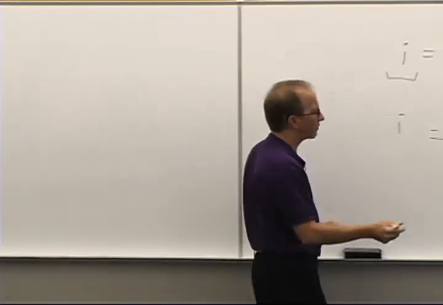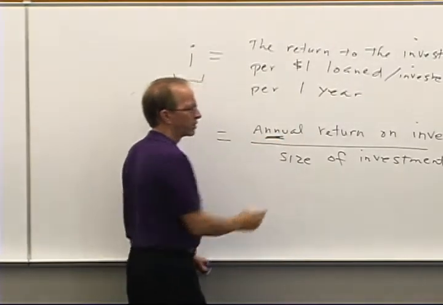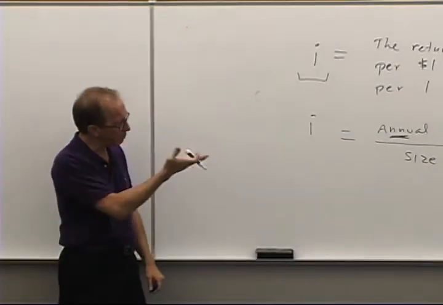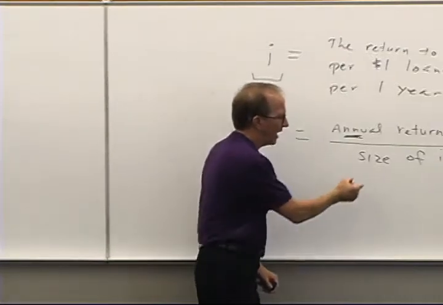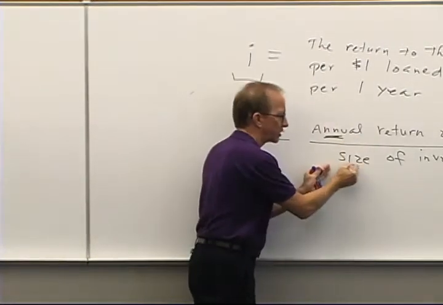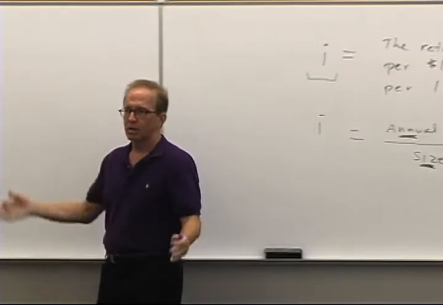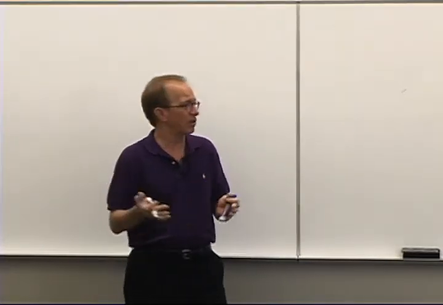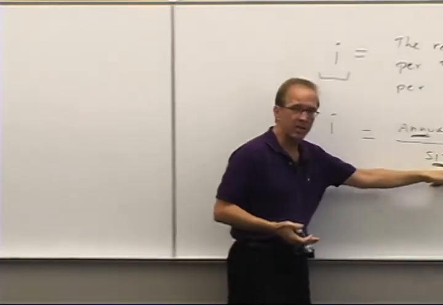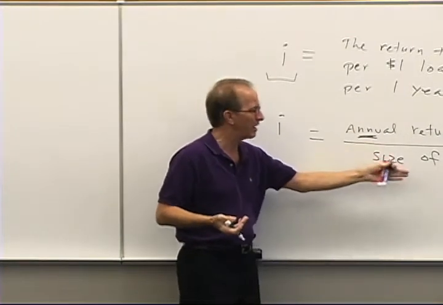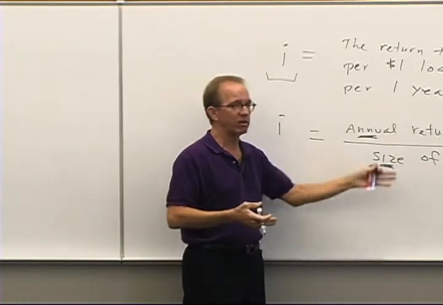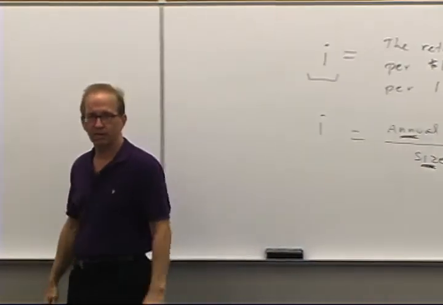But you see here where we've got annualized returns. When we go to our formula, we're going to have something annualized in the numerator. And by dividing that annualized return by the size of the investment, we will divide that down. If it's a $1 million investment, we're going to be dividing that return a million ways to get $1 worth. If it's a $50 investment, we're going to divide by 50, whatever that return is, to get it down to per $1 worth of investment.